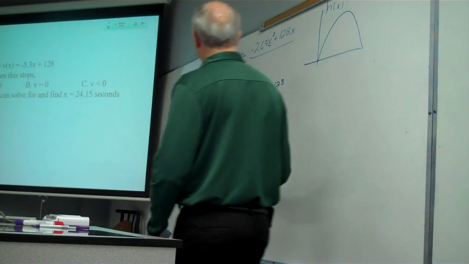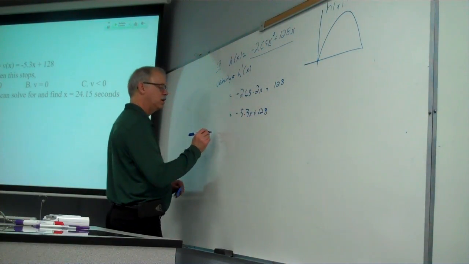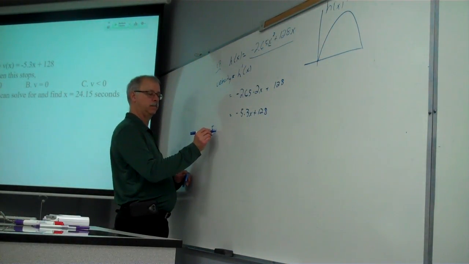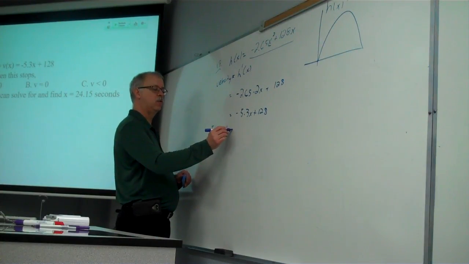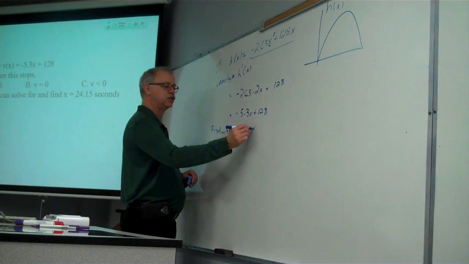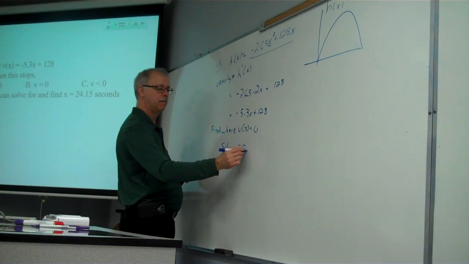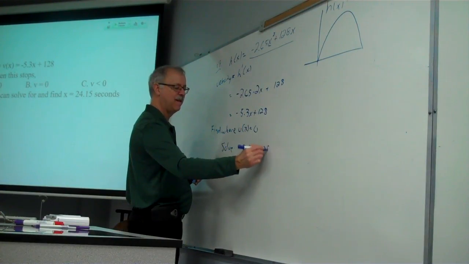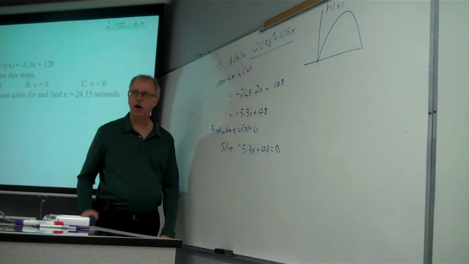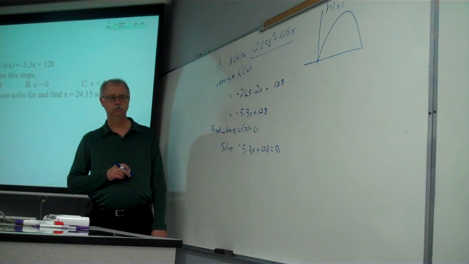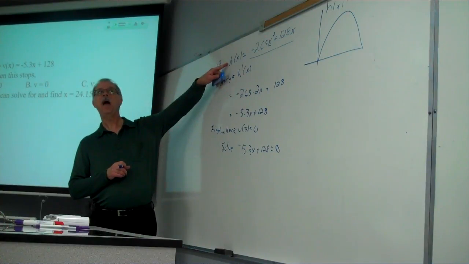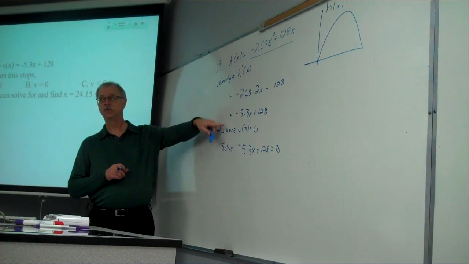But in this case, when it is heading up, at some point it will stop, and then it will start coming back down. So we need to figure out where the velocity is 0. We need to solve where this function equals 0. Not the height function, but the velocity function.